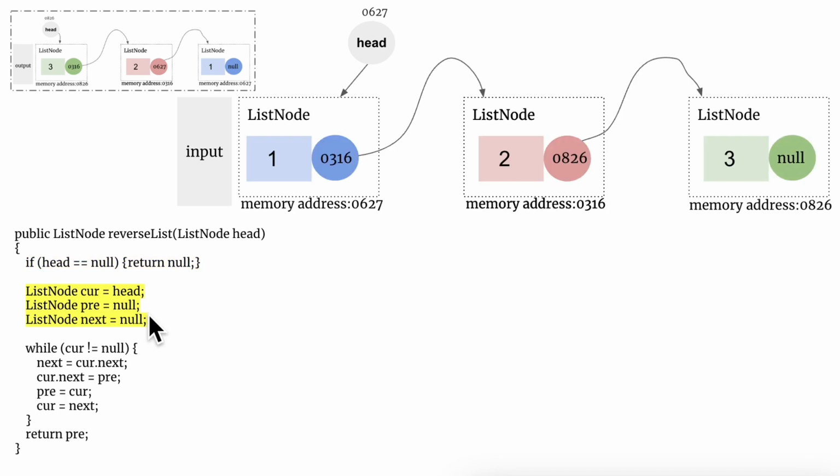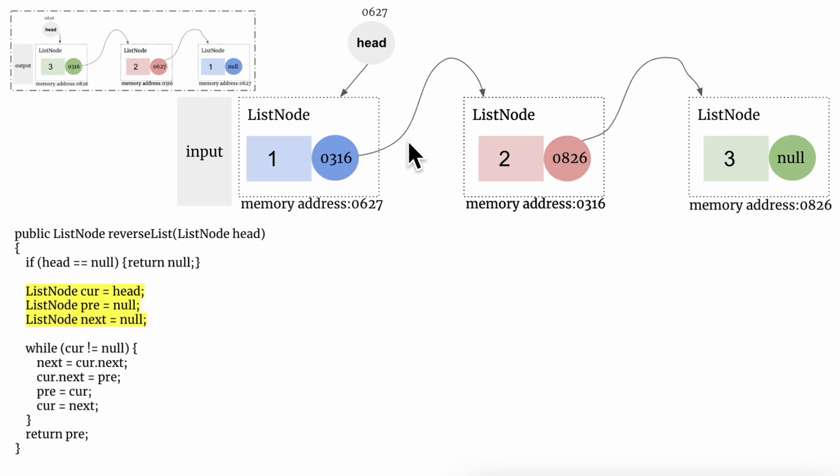As I mentioned, I need a pointer cur to help me iterate through each node in a given linked list. I need a pointer next to help me maintain the current next reference of node 1 before I lose it.